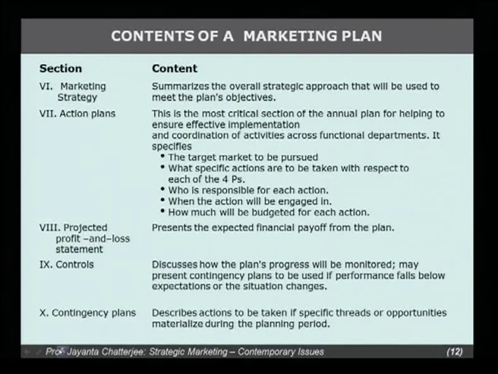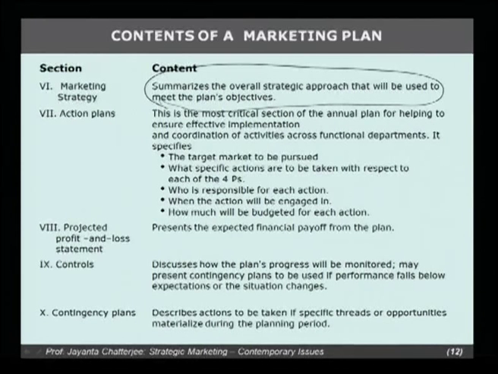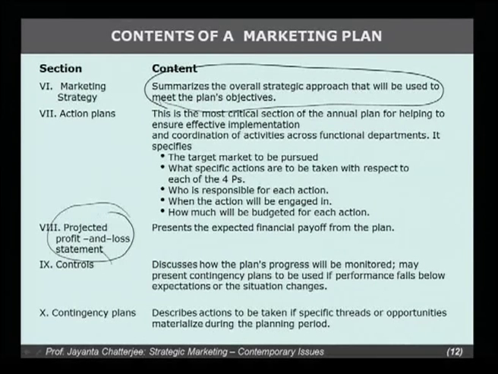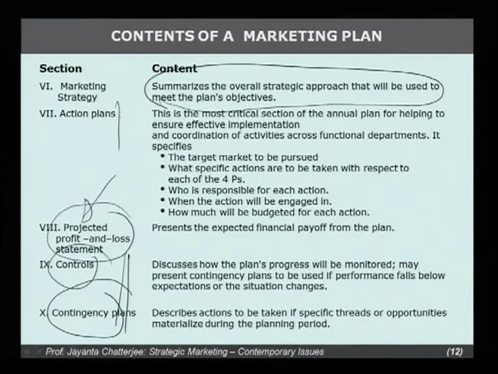Then you go into your marketing strategy, which summarizes the overall strategic approach that will be used, the action plan, and then the projected profit and loss statement, control and contingency plan. To some extent we have discussed the important aspects of this, how to look at the break even point, the profit and loss account, and so on. These are issues that we will discuss in greater depth.